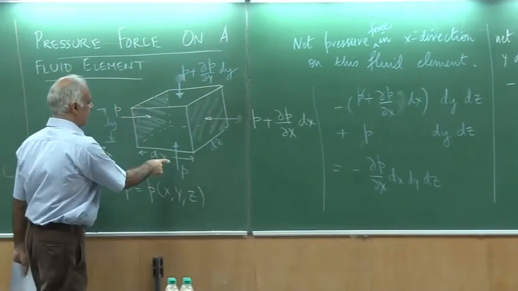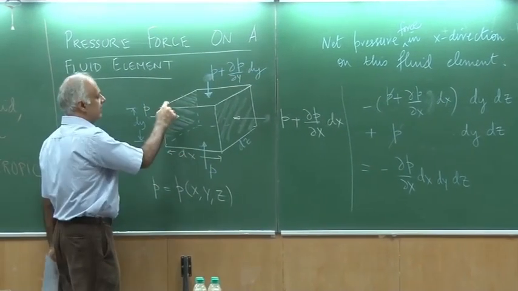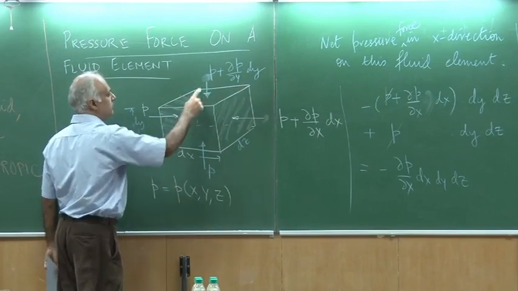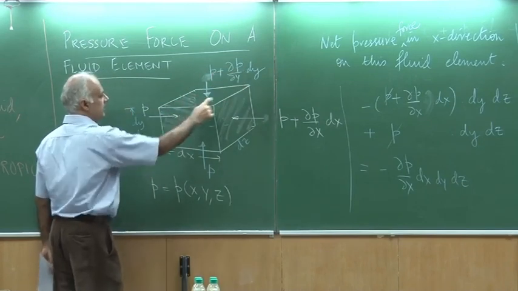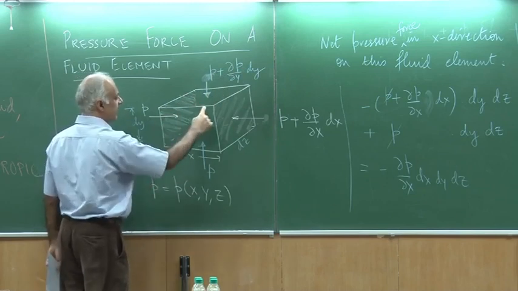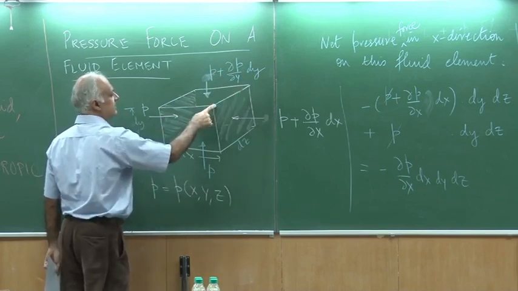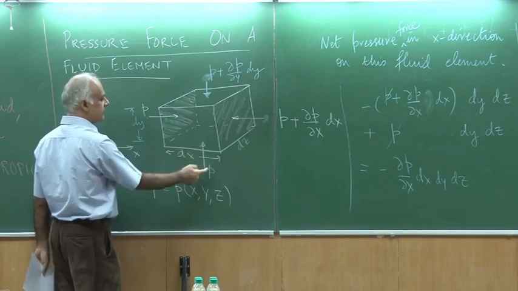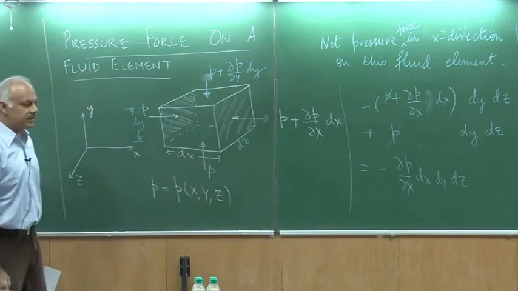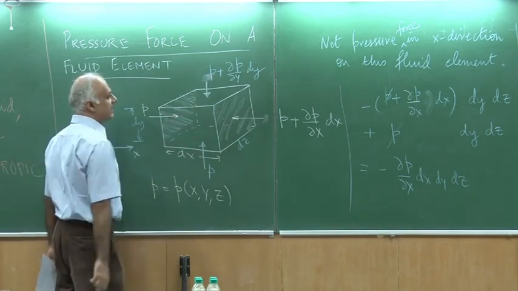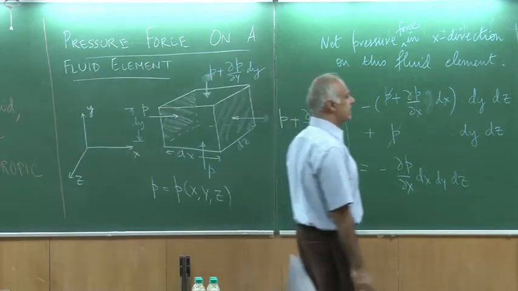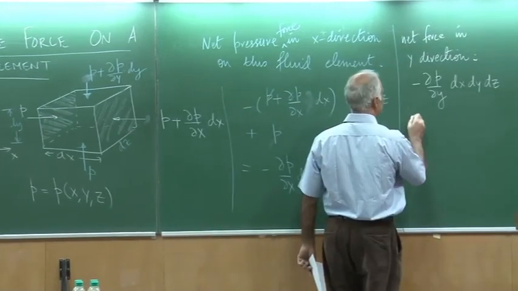In fact, we could already see that from here. If I compute the force because of this pressure over here, it is this pressure times the area, and the area is dx times dz, right? And then I have another force because of this blue colored pressure on the lower surface. So part of it is going to cancel out, and the remaining one I have written over here.